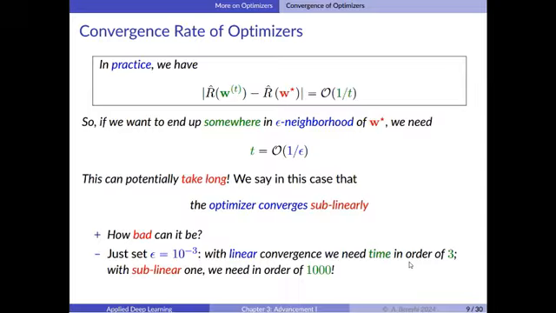But because we are sublinear in real-world problems, we need on the order of 1000. It is somewhat large.